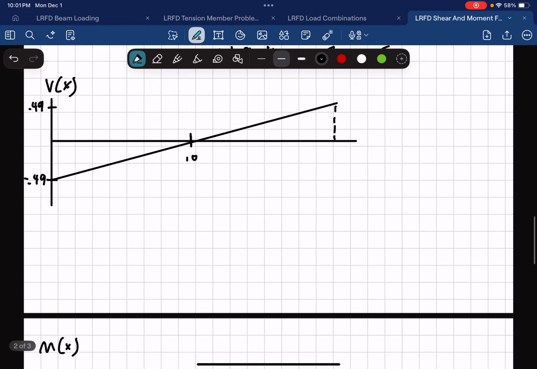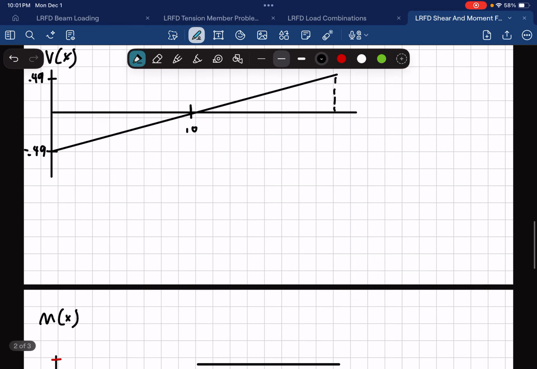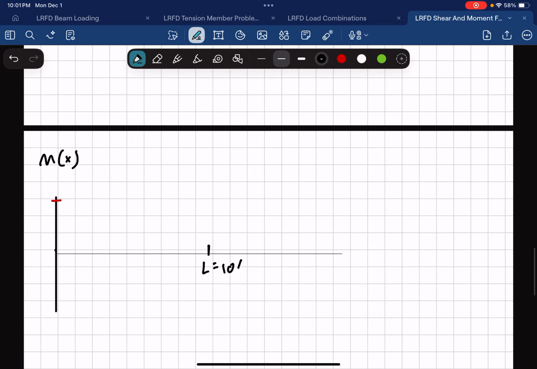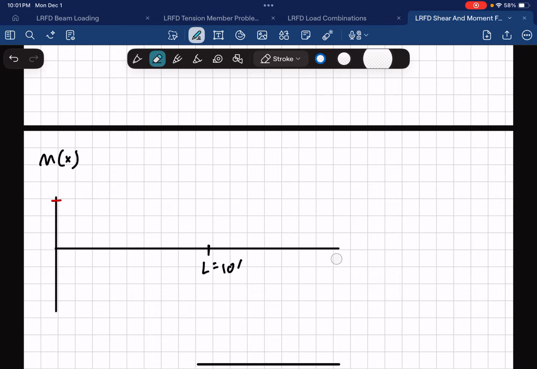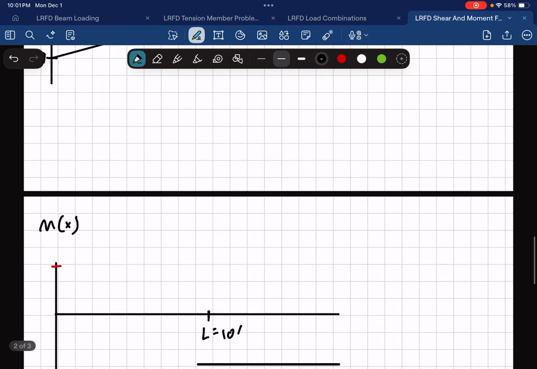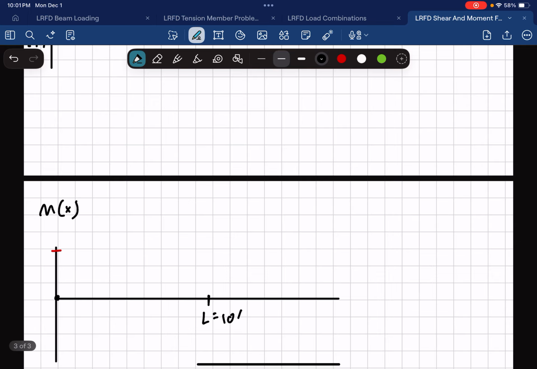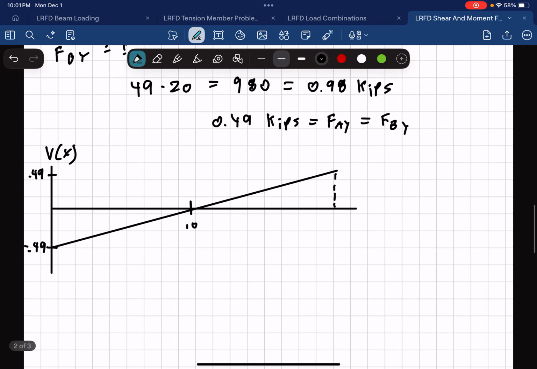Now, when we are dealing with this, we can turn this into a very simple parabola when we're looking at the moment diagram. And there's a couple of other ways that you can consider going about this, but this is the normal way I like going about it. We know we're going to start from 0. In this case, we have equal and opposite areas on this side.